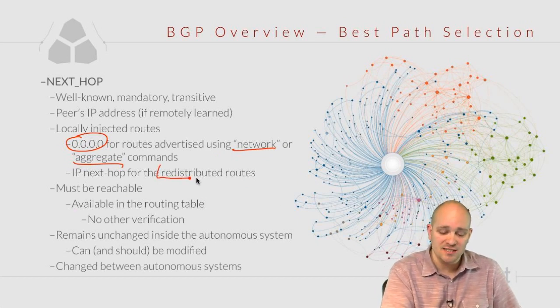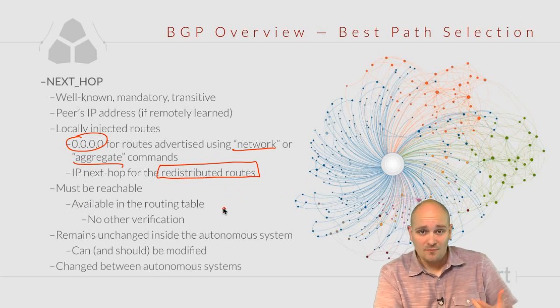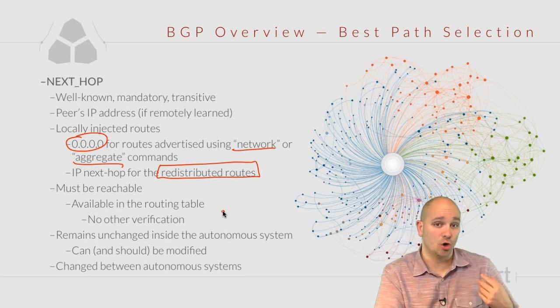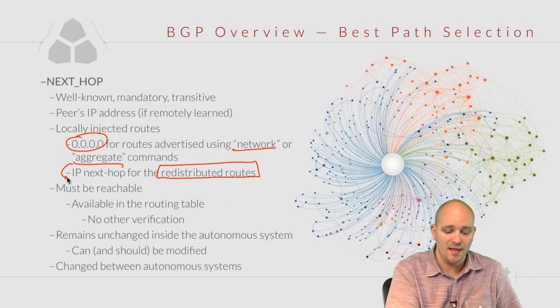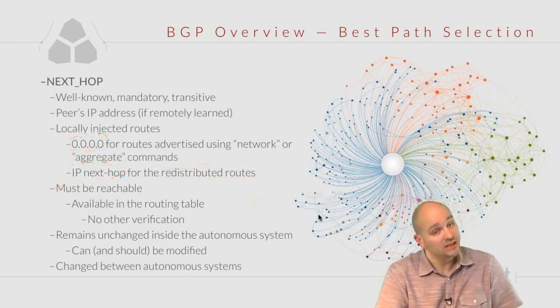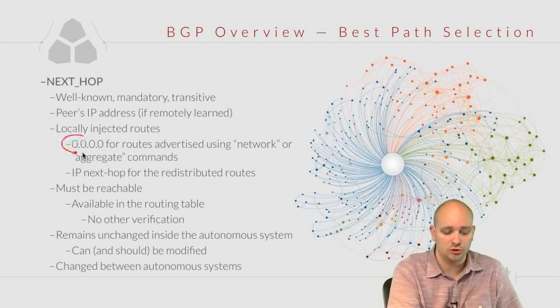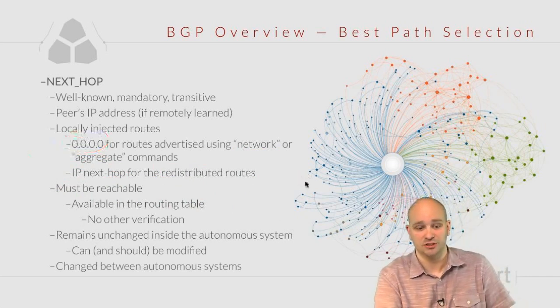However, if we redistribute the routes, the next hop value of these routes, even on the router that is locally injecting these routes, will be the actual next hop of the redistributed routes. If it exists. If the redistributed route happens to be a directly connected route, in that case, we are also going to observe 0.0.0.0.